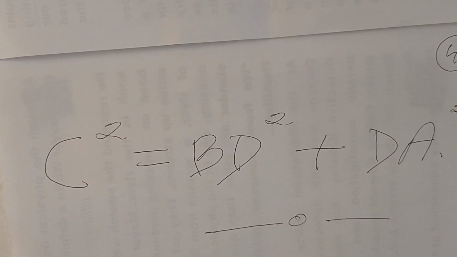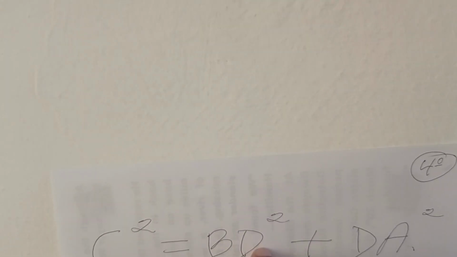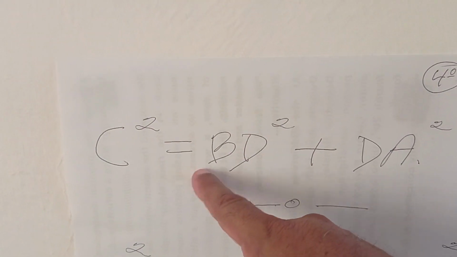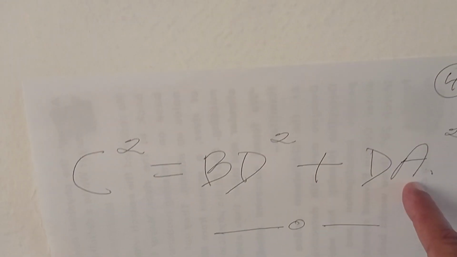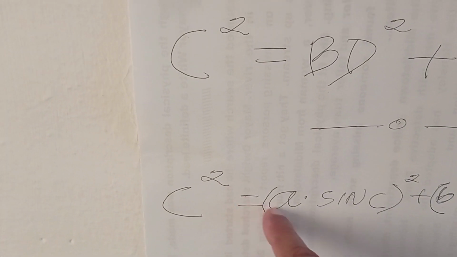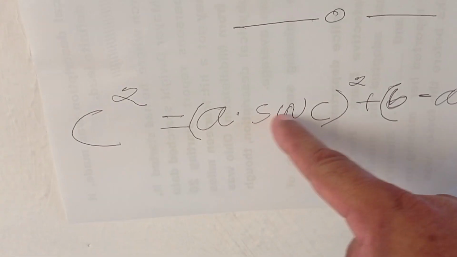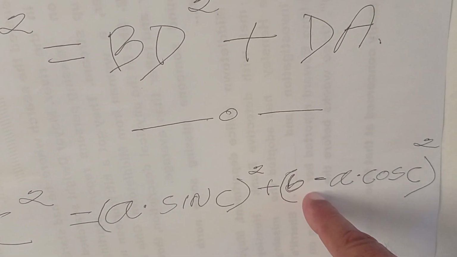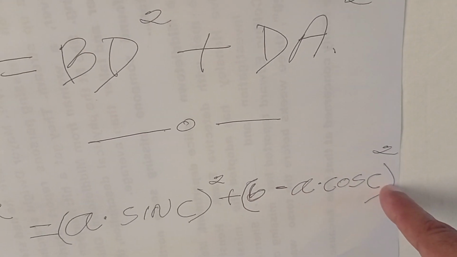Now we are going to substitute the value of BD and DA. So we'll get C squared equals A multiplied by sine of C squared plus B minus A multiplied by cosine of C squared.